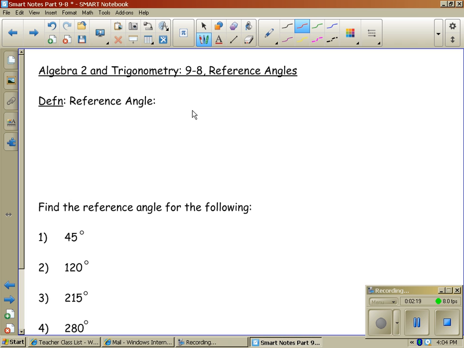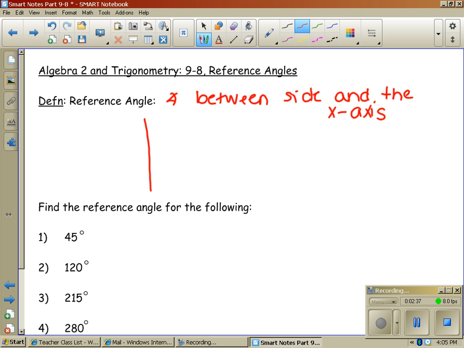So a reference angle is the angle between the terminal side and the x-axis. Don't ever measure to the y-axis. So in the first quadrant, it's just going to be whatever you get.